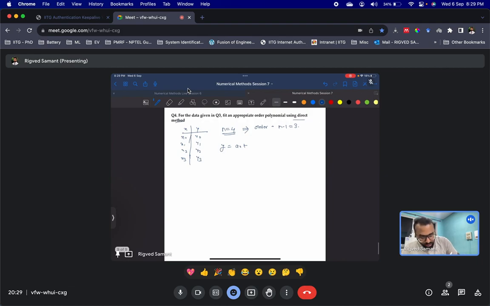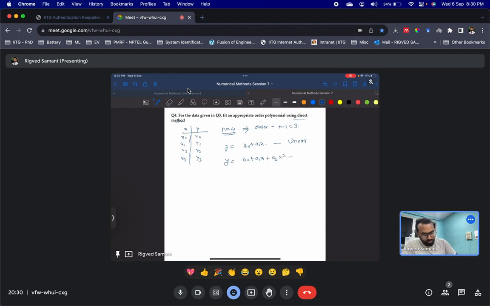So how is a polynomial written? What the model we were doing, we were using a linear equation, y is equal to a0 plus a1x. This was linear. So what is the second order? y is equal to a0 plus a1x plus a2x square.